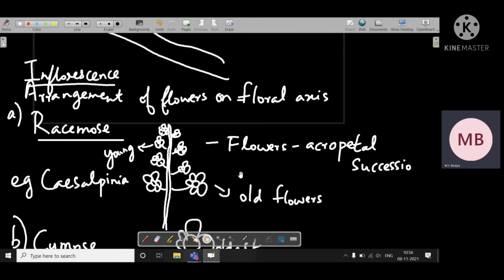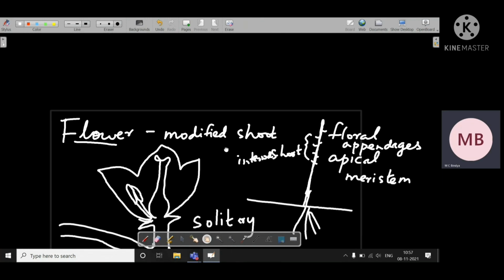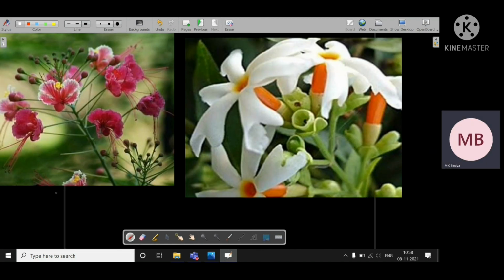So you can see the pictures of both the racemose as well as the cymose. This is the racemose inflorescence seen in caesalpinia, and here there is cymose inflorescence in jasmine flowers.